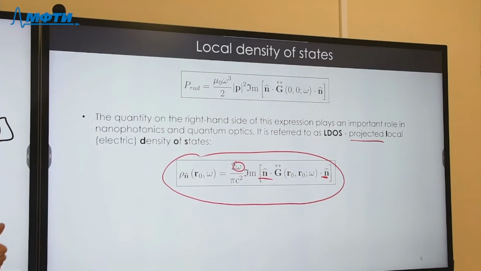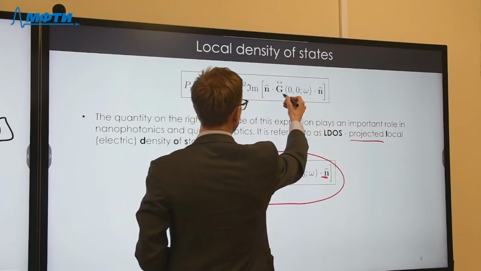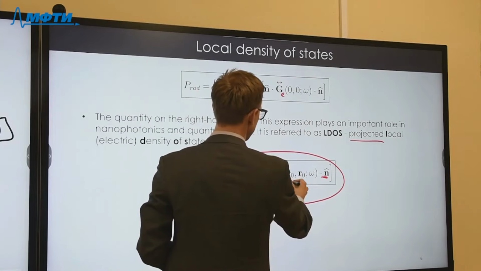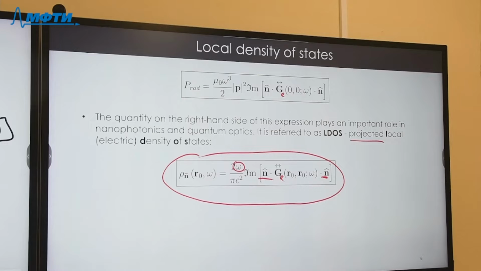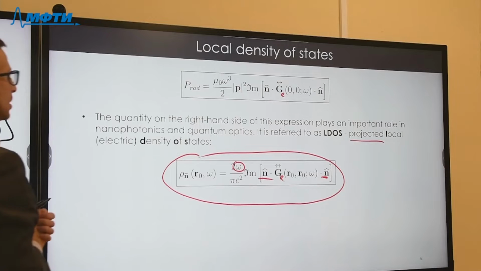So why is it, first of all, electric? Because we are dealing with an electric dipole and we are dealing with the electric Green's tensor. And you might remember that we can also introduce the magnetic Green's tensor, which describes the magnetic field produced by a point magnetic dipole. Why is it projected?